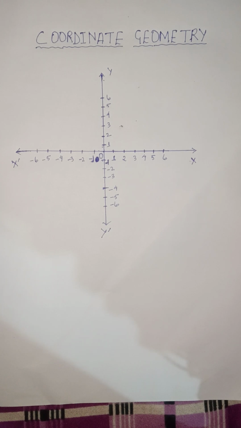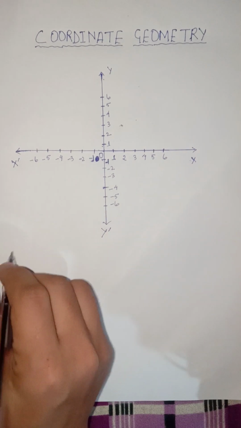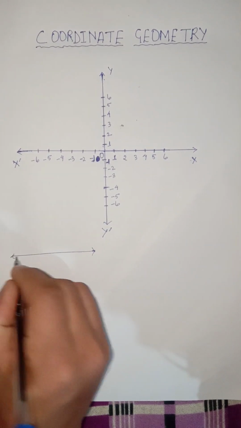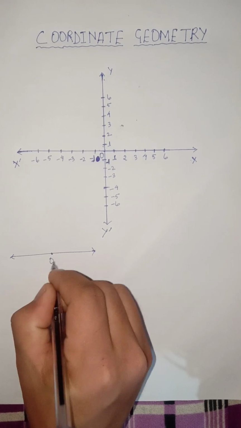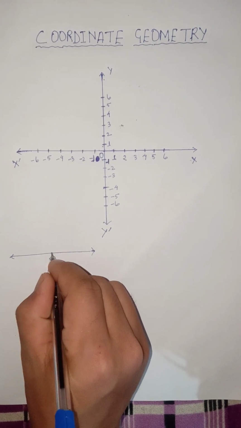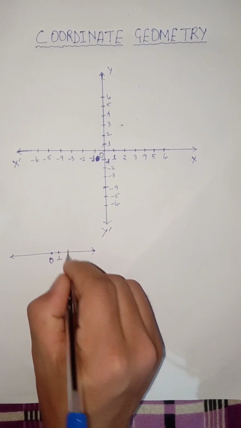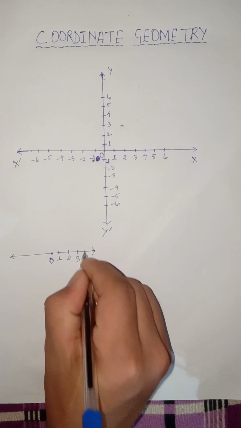And now let us come to the number line. What do you mean by number line? Suppose let us draw a line. Here it is the origin. Here it will be 1, 2, 3.